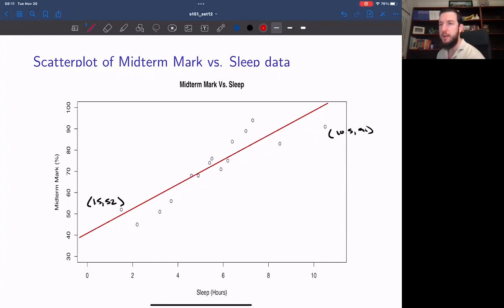There doesn't appear to be any curvature or any striking nonlinearity. So it seems like the observations are fitting relatively well to the line that we've sketched. And it wouldn't be unreasonable to say that they have a linear relationship with one another.